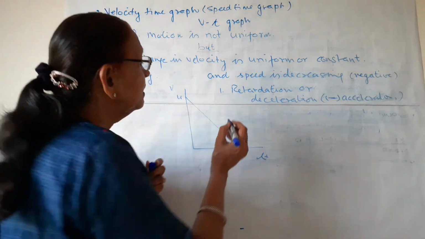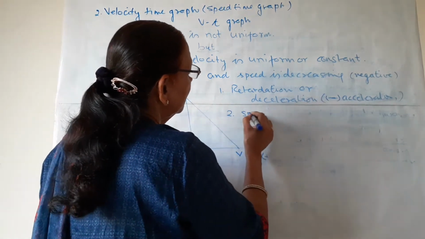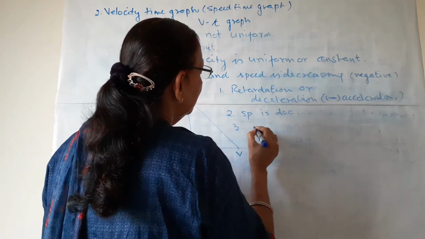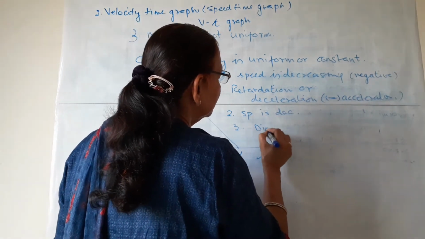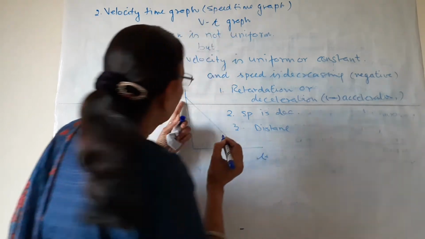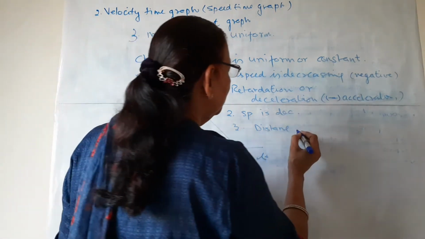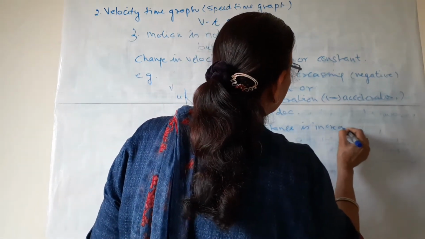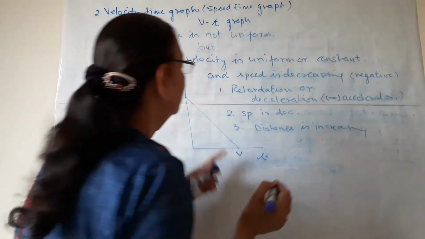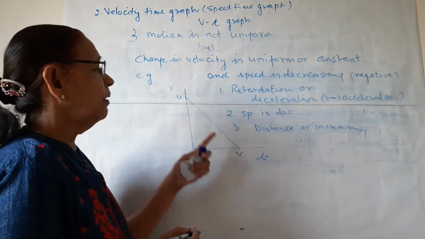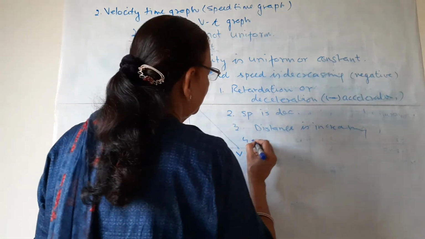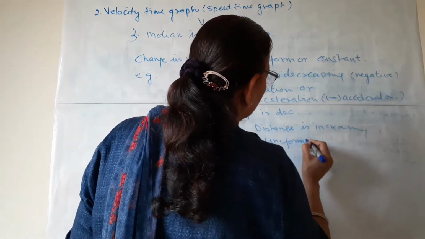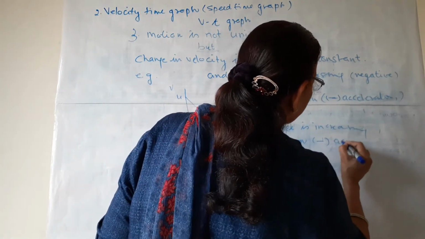What are the other points? Second, we say speed is decreasing. Third, we say distance is increasing, because from here to here distance is going on increasing. Distance is increasing, and this is the case of uniform negative acceleration.